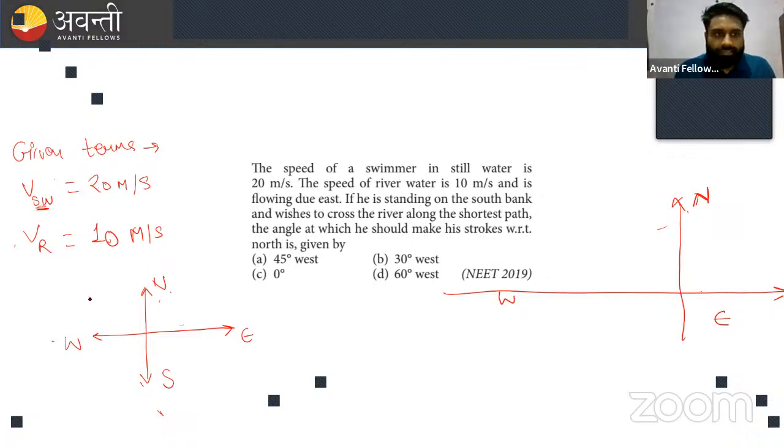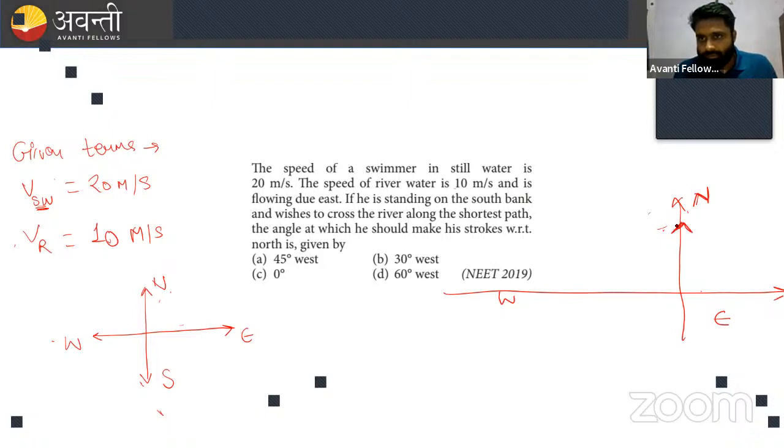So what do we have to calculate? We have to calculate the angle from the north direction so that the swimmer crosses the river in the shortest path.